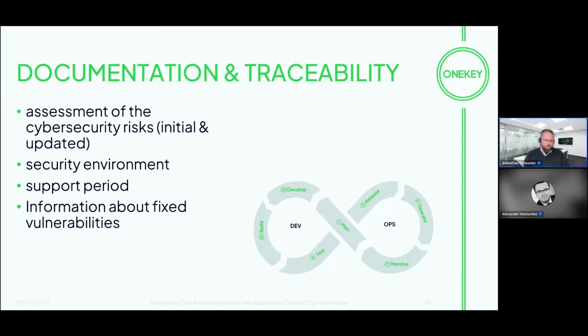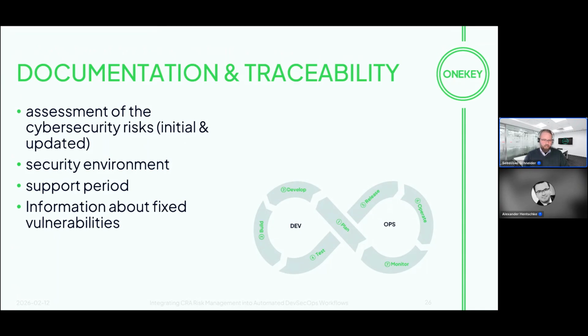And then, of course, you also need to inform your users about vulnerabilities that you fixed with your updates. This doesn't mean you need to have this information directly with the update. You don't want to put your users at risk by releasing vulnerability information before everyone has a chance to update their product.